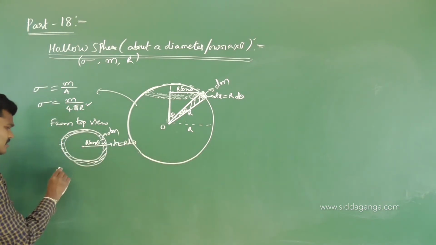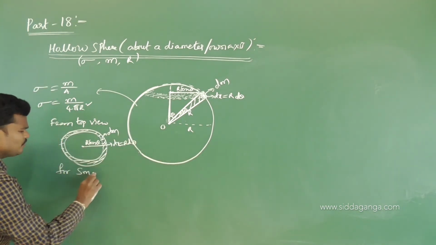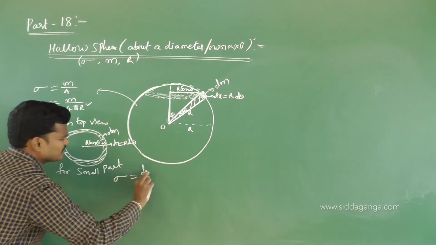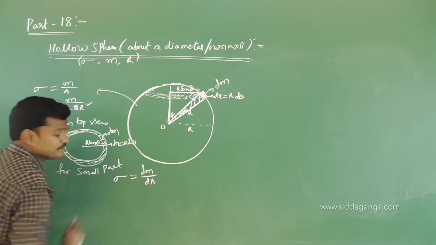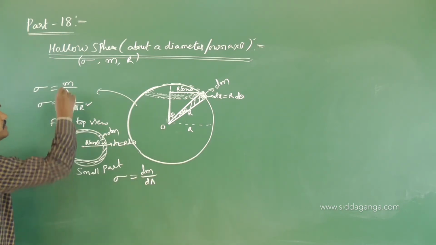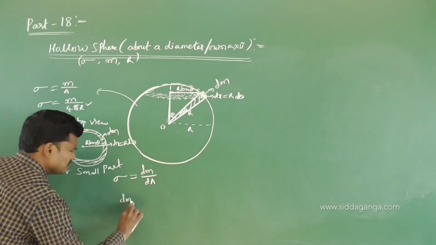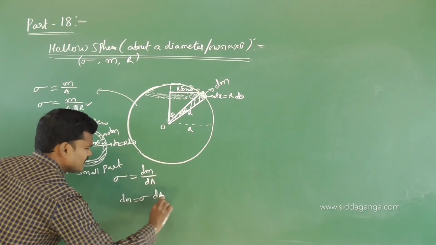Let us write, for the small part, sigma is equal to dm by dA, mass by area, so dm is equal to sigma dA.